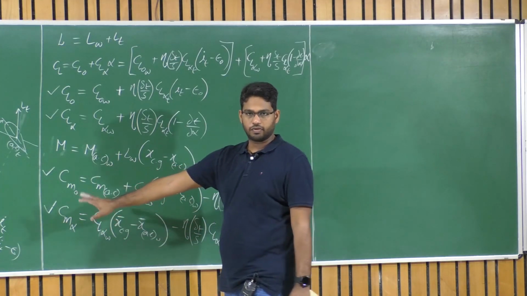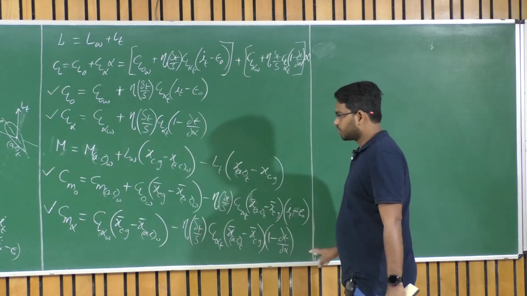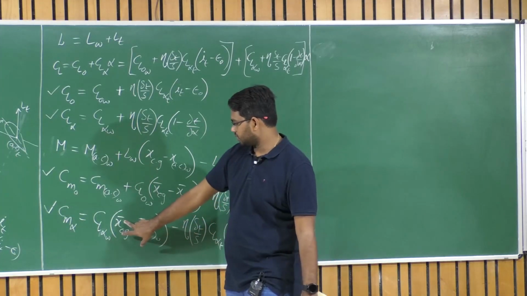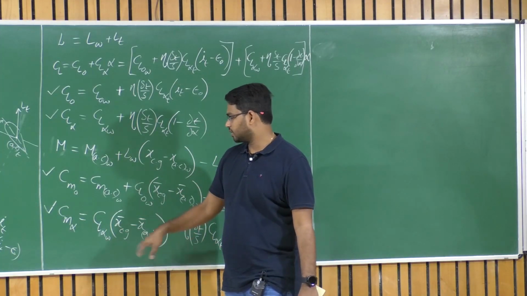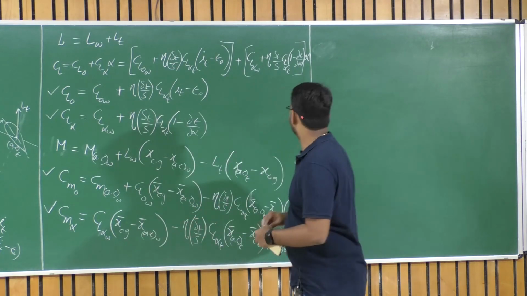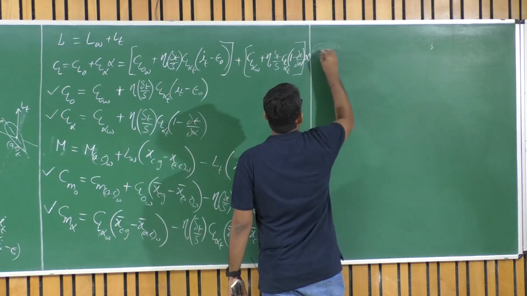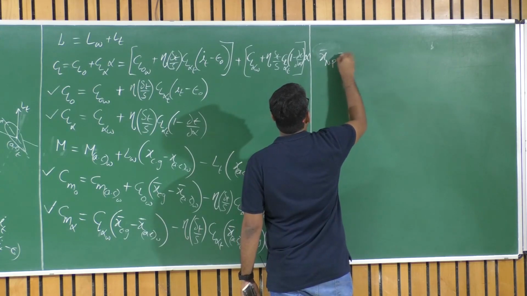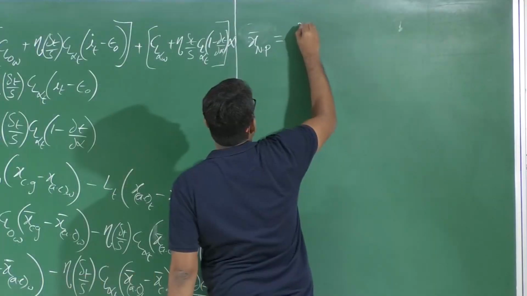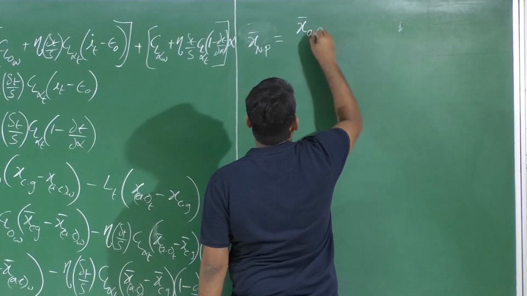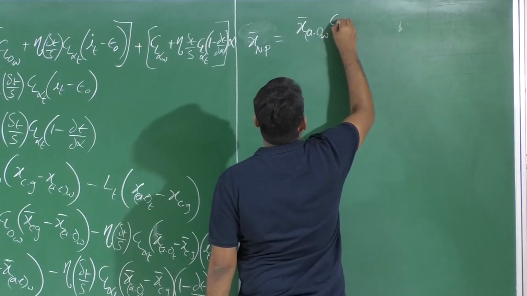Right? Cm alpha will be 0. So by substituting that Cm alpha to 0 and then replacing this xCg with the corresponding x np, what we can find out is x bar np, which we have derived in our previous lecture, is equals to x bar AC of wing times CL alpha of wing.